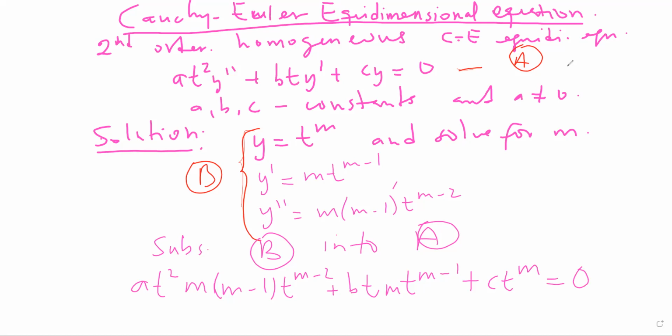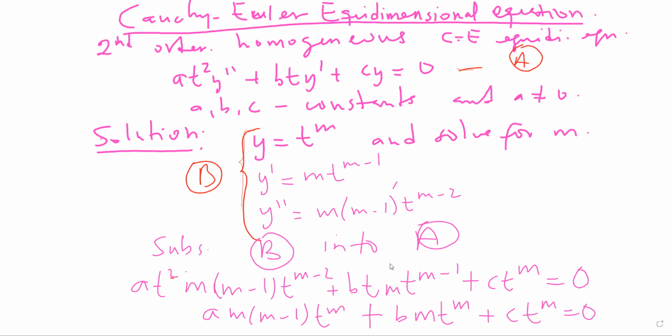Then, adding the powers together, t squared times t to the power m minus 2 gives t to the power m, and t times t to the power m minus 1 also gives t to the power m.